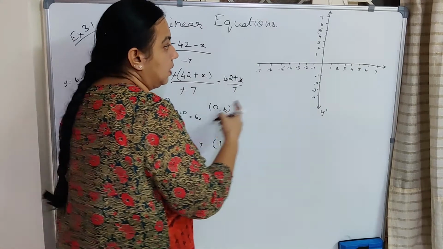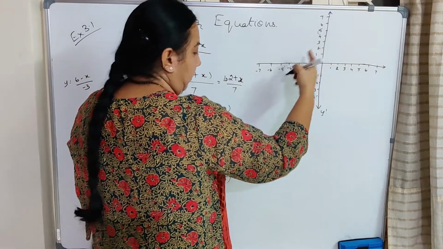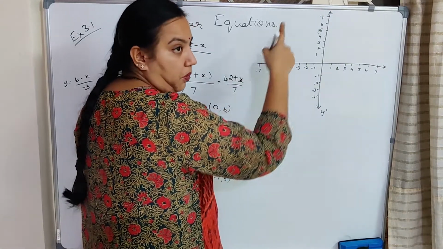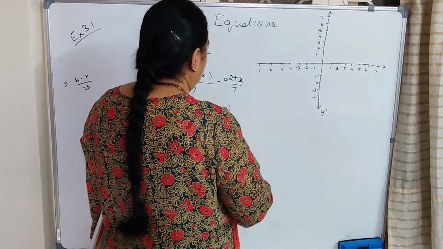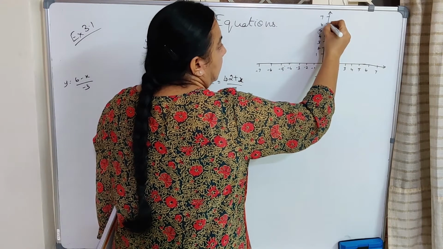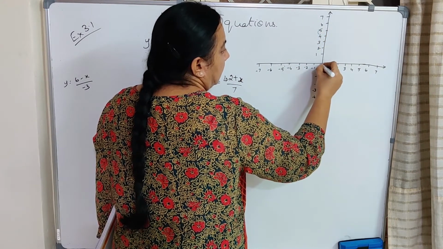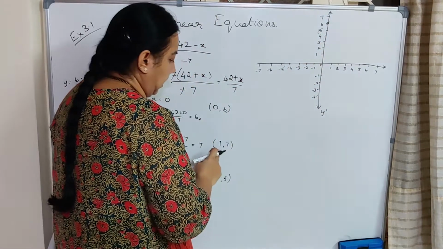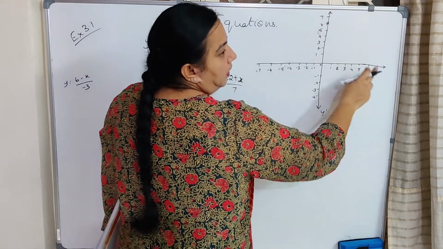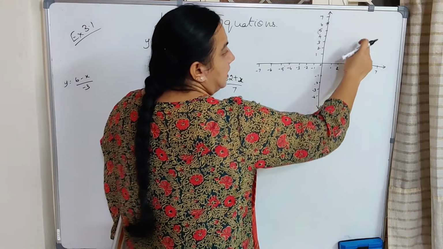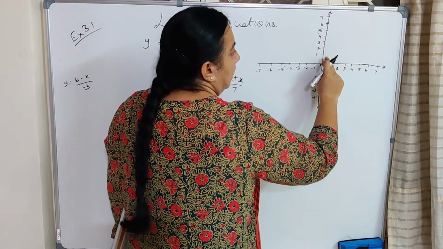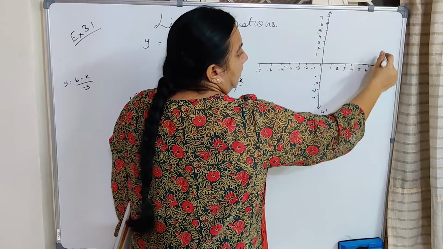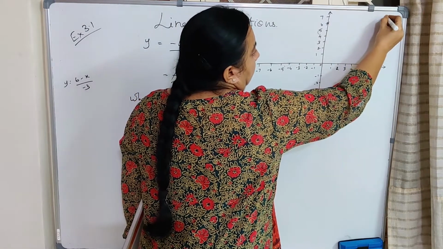The first number in a point is always the value on the x-axis. So it is 0, which means the point is on the y-axis only. When x becomes 0, the point is on the y-axis. So 0, 6, here is the first point. Then 7, 7. Both values are positive, which means it is in the first quadrant. I can match 7 and 7 here.